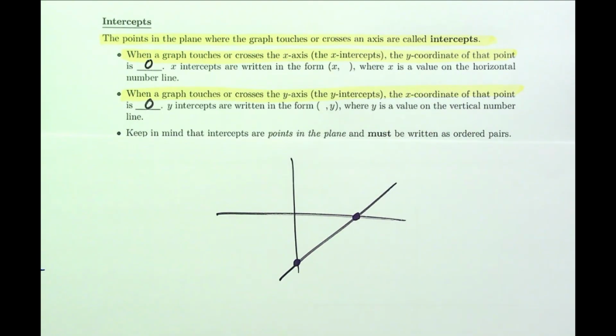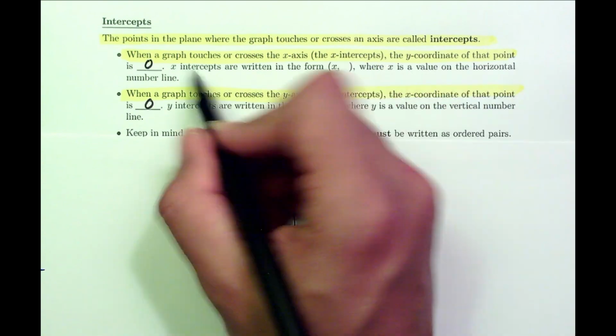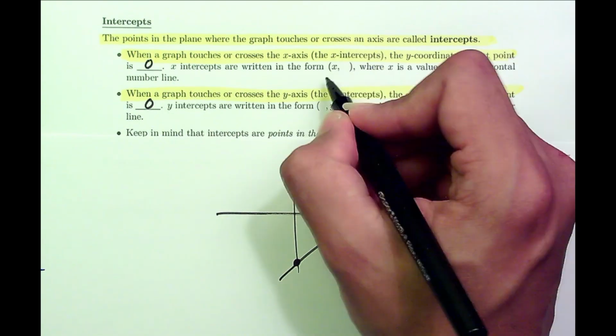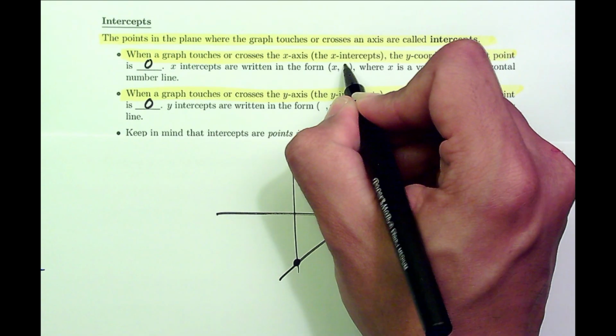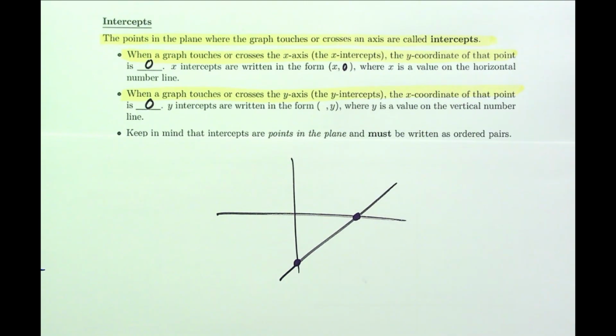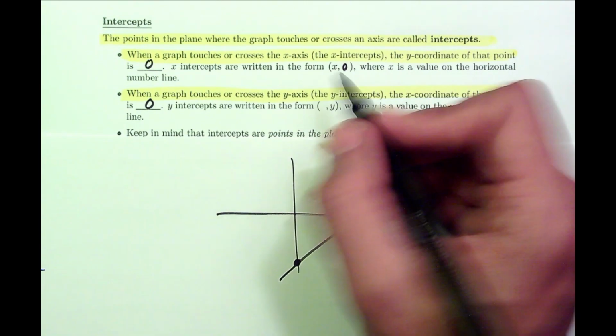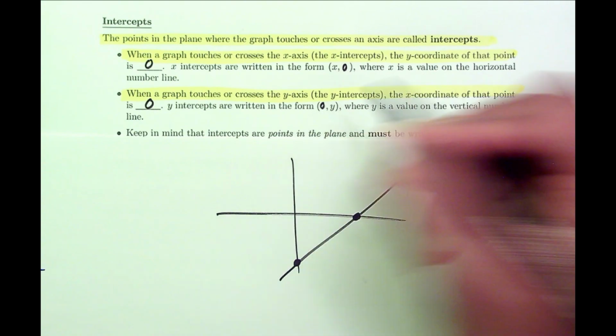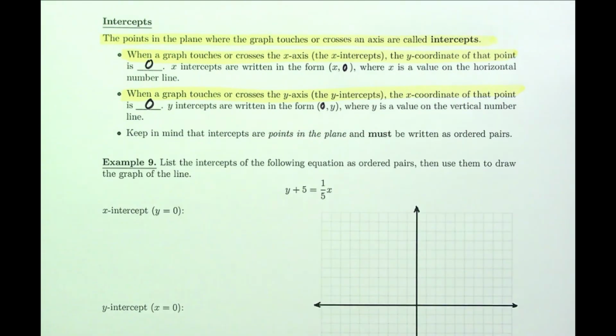So that means x-intercepts are going to be of the form x comma 0, and y-intercepts are going to be of the form 0 comma y. Keep in mind that intercepts are points in the plane and therefore must be written as ordered pairs, because they are points in the plane.